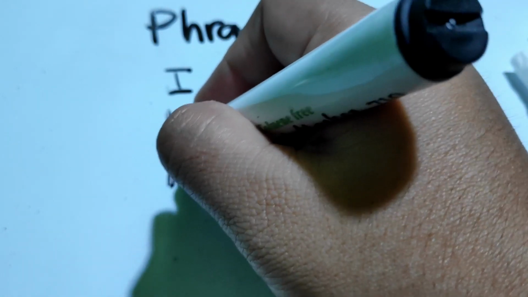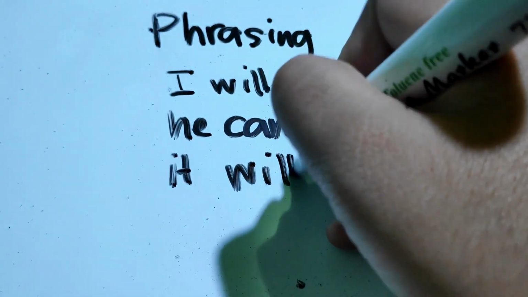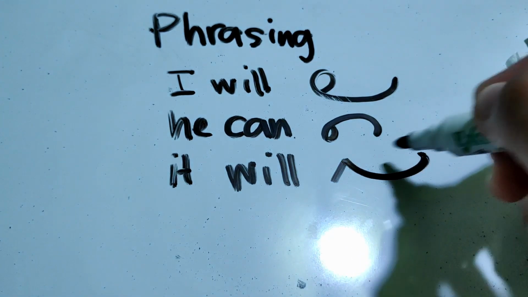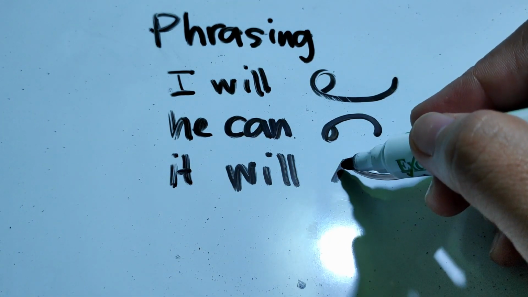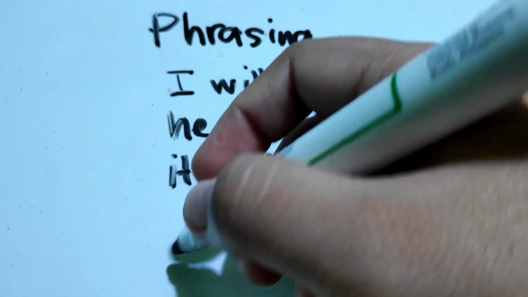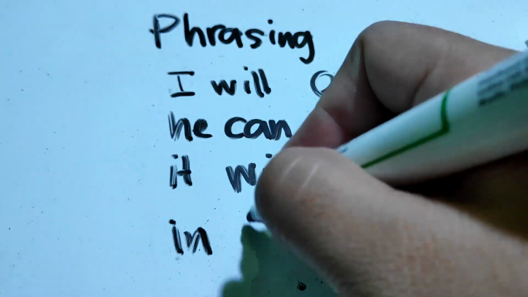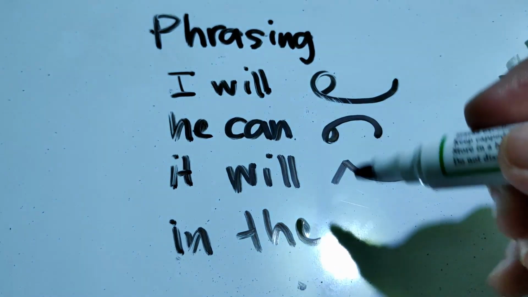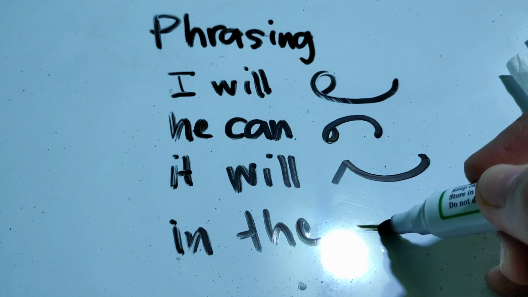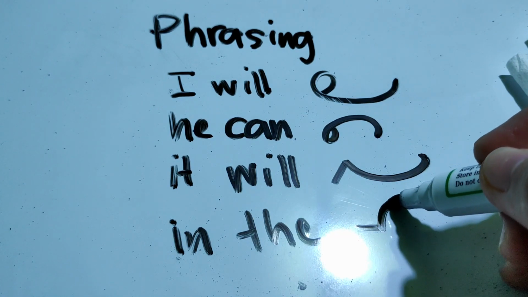Next is the it will. Represent the letter T and the letter L. And this stroke is transcribed as it will. Last phrasing for this lesson is the in the. So, in the is represented by the letter N and the letter TH.